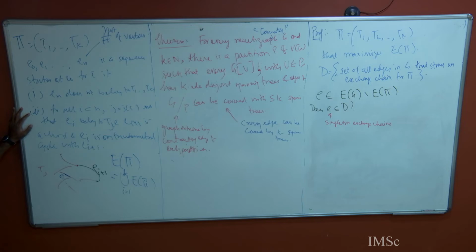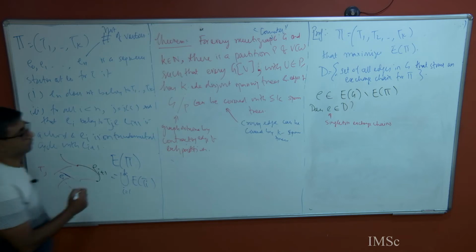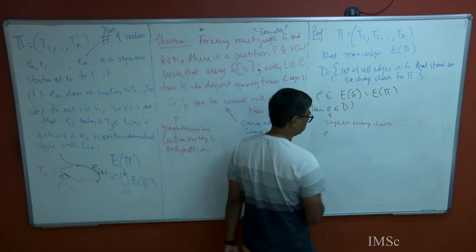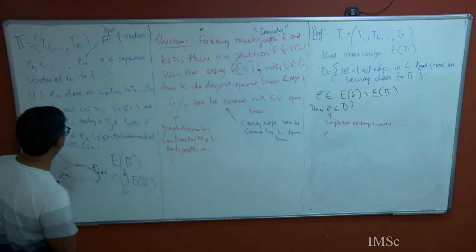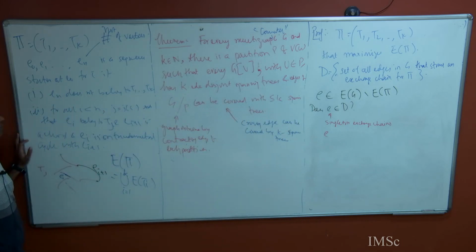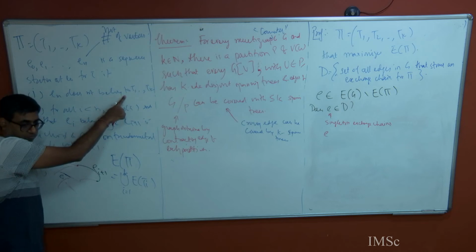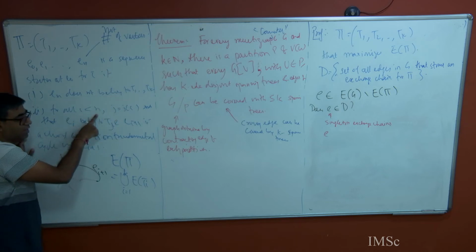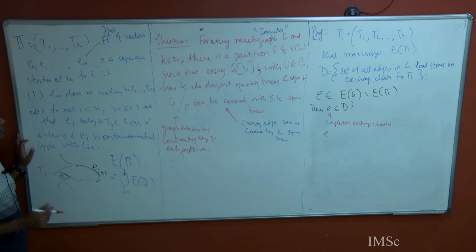It's a singleton exchange chain. If I put this E, does it satisfy this requirement, the definition? It does not belong to any of them. That's fine. For all i less than n, there is nothing else.